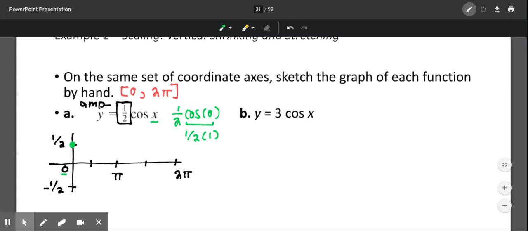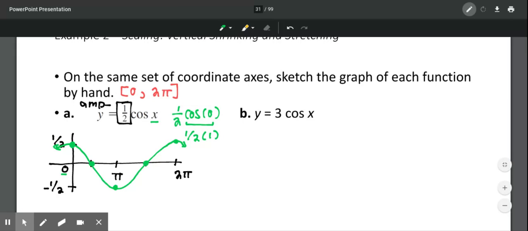And then from there, it goes down to 0, because remember, at the pi over 2's is where the cosine crosses. At pi, it will go down to negative 1/2, then back to 0 and back to 1/2, and then it would just follow that pattern. So when you draw your curve through there, it would just keep following that pattern all the way through.